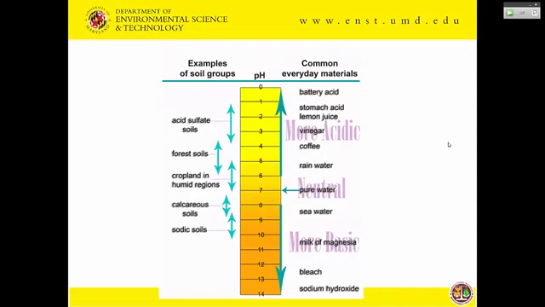So pH affects lots of things in our environment. Here's some stuff in our everyday life: battery acid, stomach, vinegar, coffee, seawater, bleach, sodium hydroxide. Extremes on any end are bad. You know? Pure hydrogen peroxide is just as destructive to your tissue as pure hydrochloric acid.